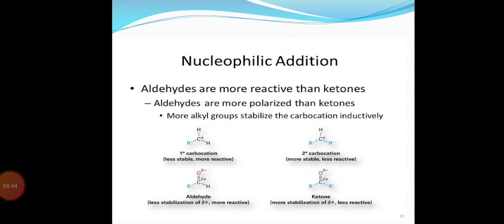When the carbonyl carbon becomes more stable, then its reactivity is affected. It means their reactivity is going to decrease, because the stability is inversely proportional to the reactivity. So this example helps us understand that aldehydes are more reactive than the ketone.